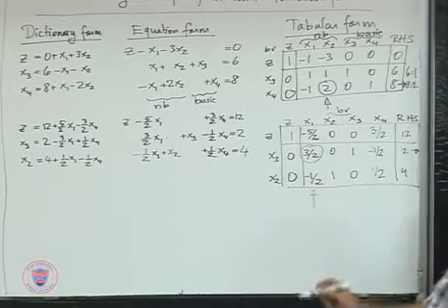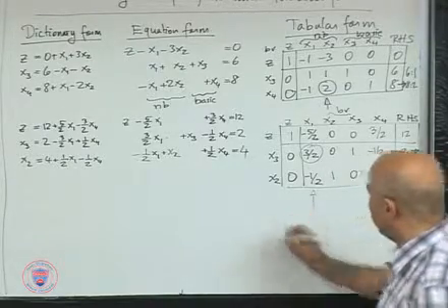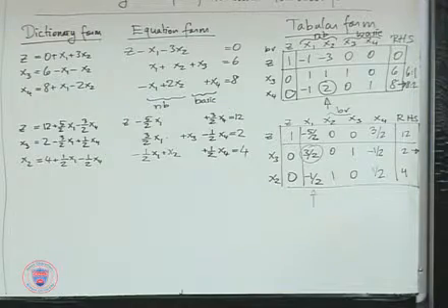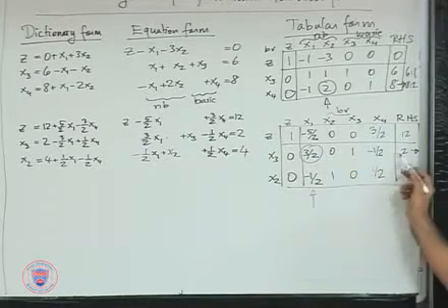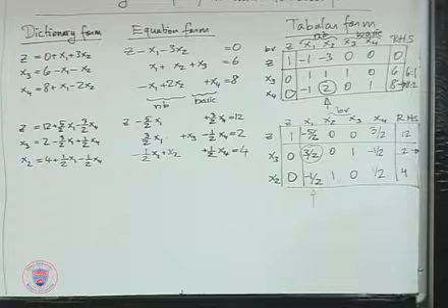And then when you pivot, why don't you go ahead and do your pivoting operation and see what you get. Divide the entire pivot row by 3/2.